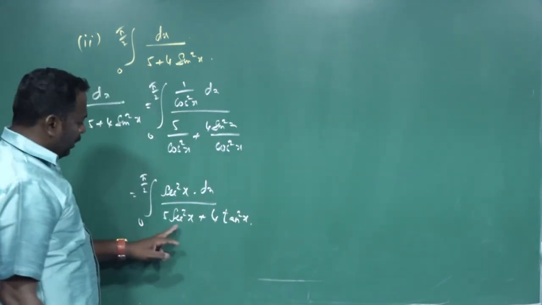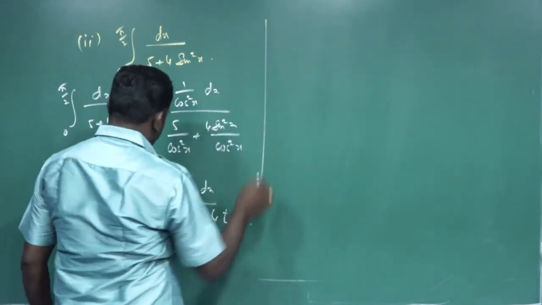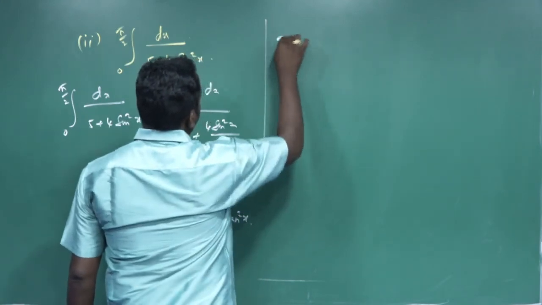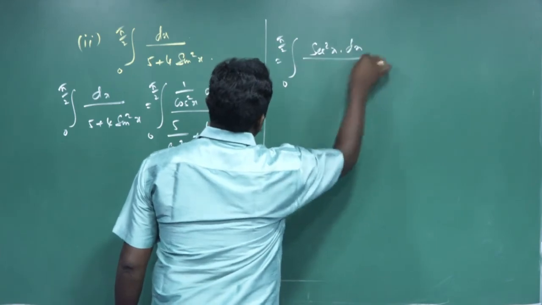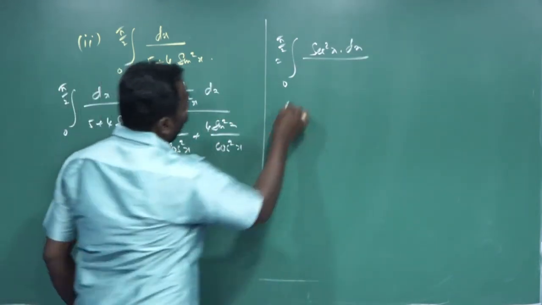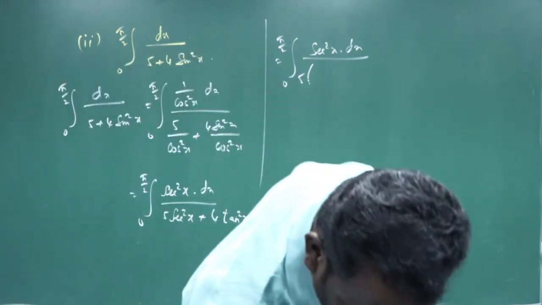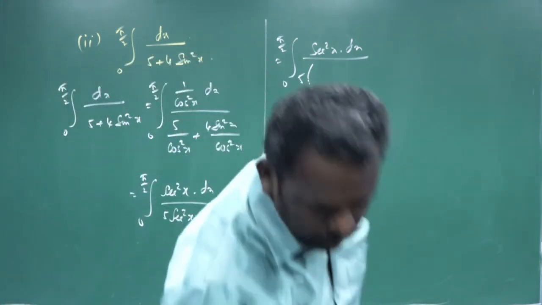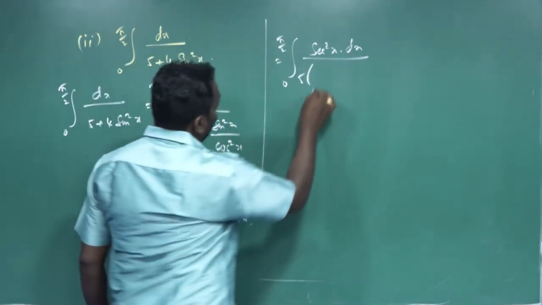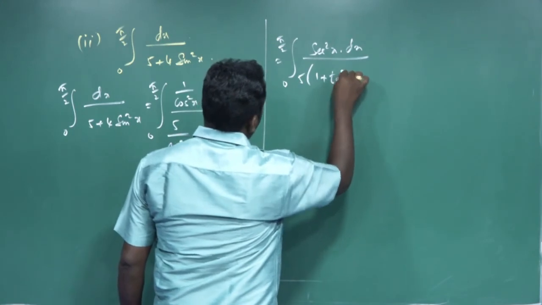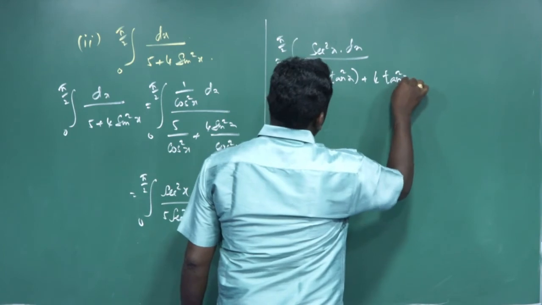That is equal to the integral from 0 to π/2 of sec² x into dx by 5 sec² x plus 4 tan² x, since 1 by cos² is sec² and sin by cos is tan. Now again sec² we can write as 1 plus tan². Therefore the integral from 0 to π/2 of sec² x dx by 5 into (1 plus tan² x) plus 4 tan² x.